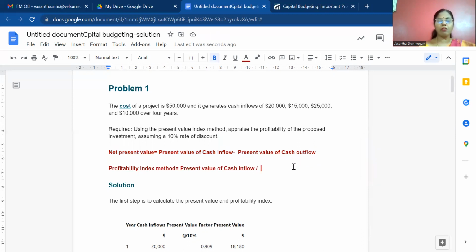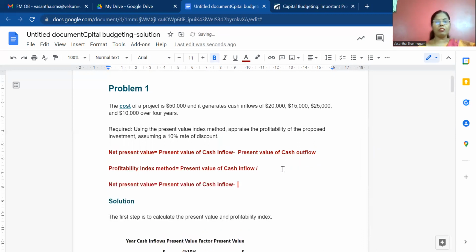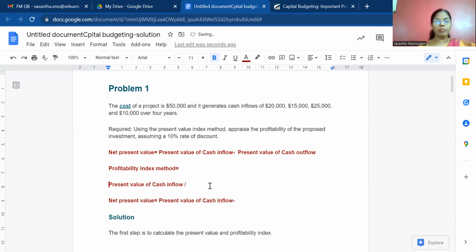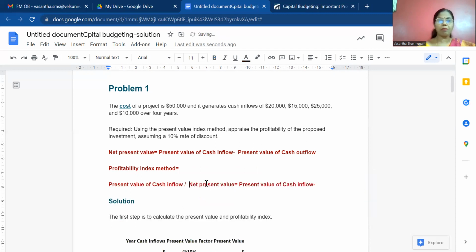This is the formula. The profitability index method is equal to present value of cash inflow divided by present value of cash outflow.